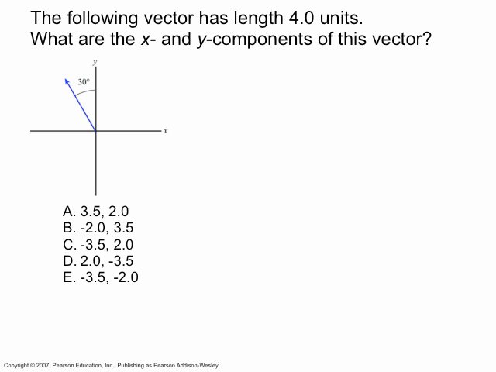What is this vector represented in its x and y components? What's the magnitude in the x, and what's, comma, the magnitude in the y component? Use sine, cosine, or tangent to figure out the magnitudes of the x and y components. Submit your answer on Blackboard.